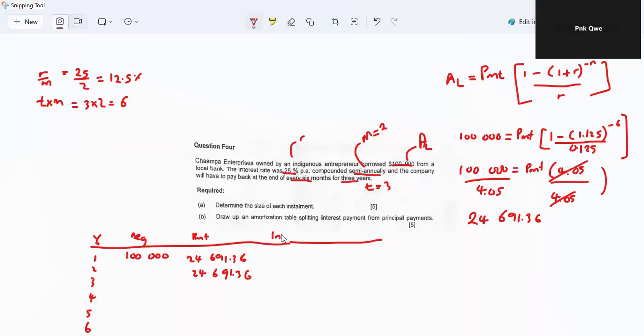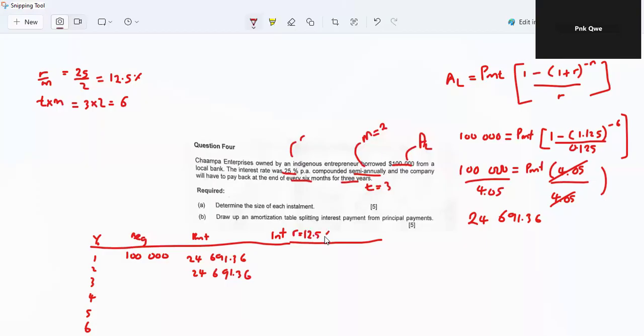Then the next part will be interest. How do we get the interest? The percentage. What is our interest rate? 12.5%.